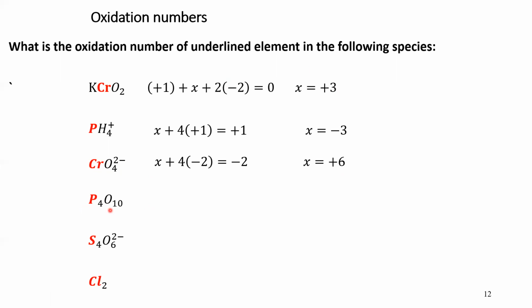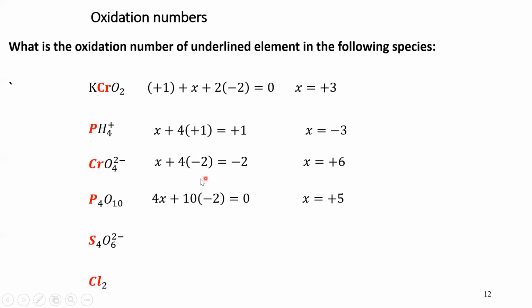Oxygen is a -2 in almost all cases. In this case, it is. 4 times X plus 10 times -2 equals 0. So 4X minus 20 equals 0.